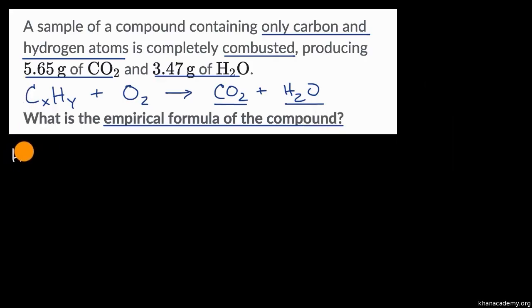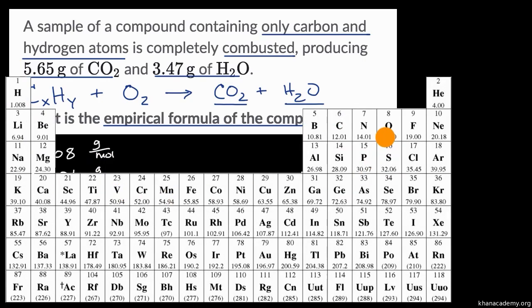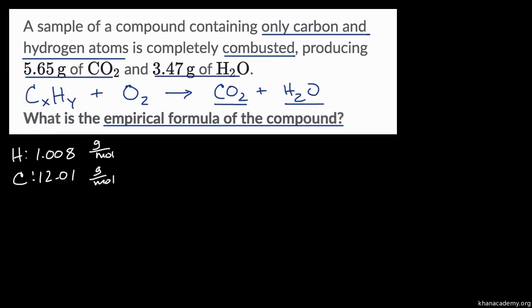So we have hydrogen at 1.008, and carbon at 12.01, and we could also think about them in terms of molar masses, grams per mole. And last but not least, we have oxygen at 16.00 grams per mole. It's the average atomic mass, but we can think of that number as the molar mass. So oxygen is at 16.00 grams per mole.